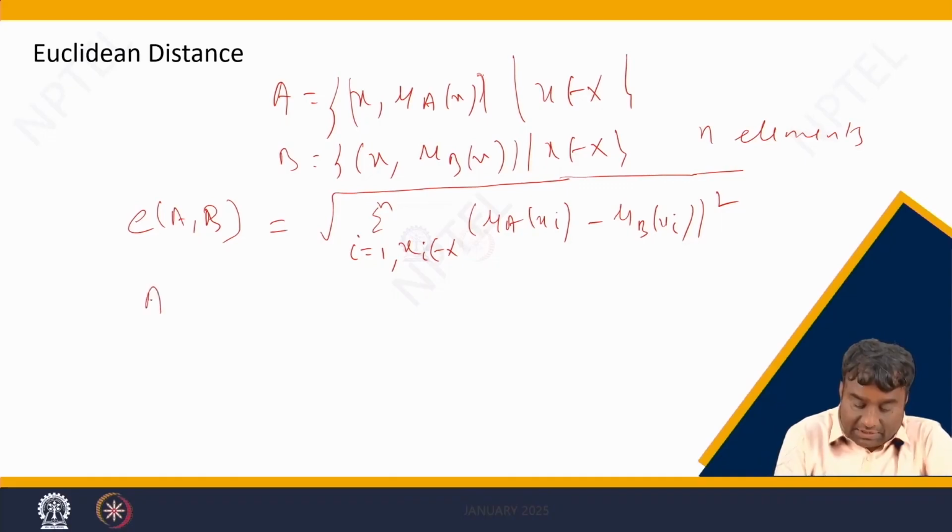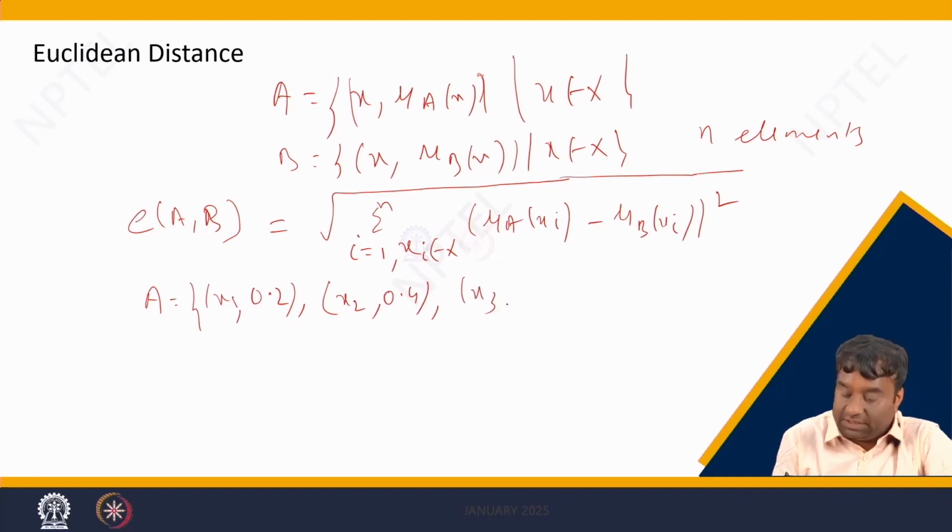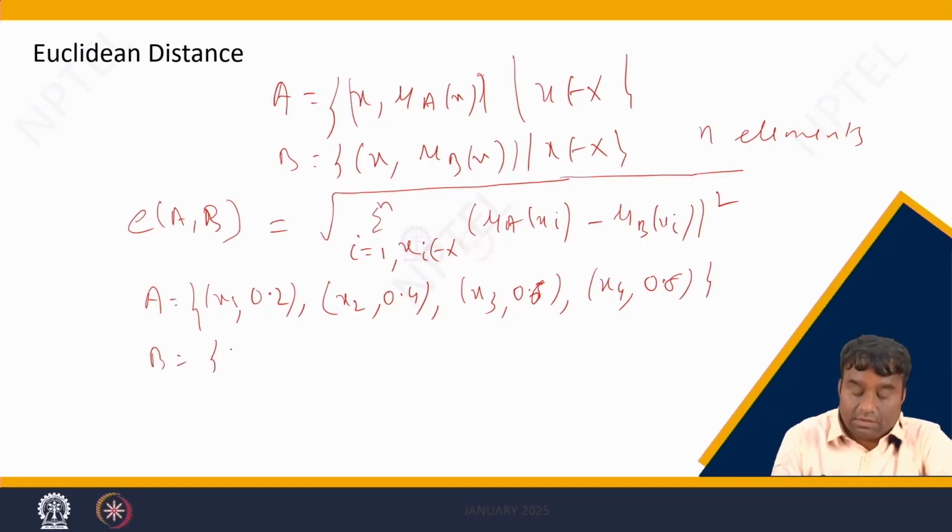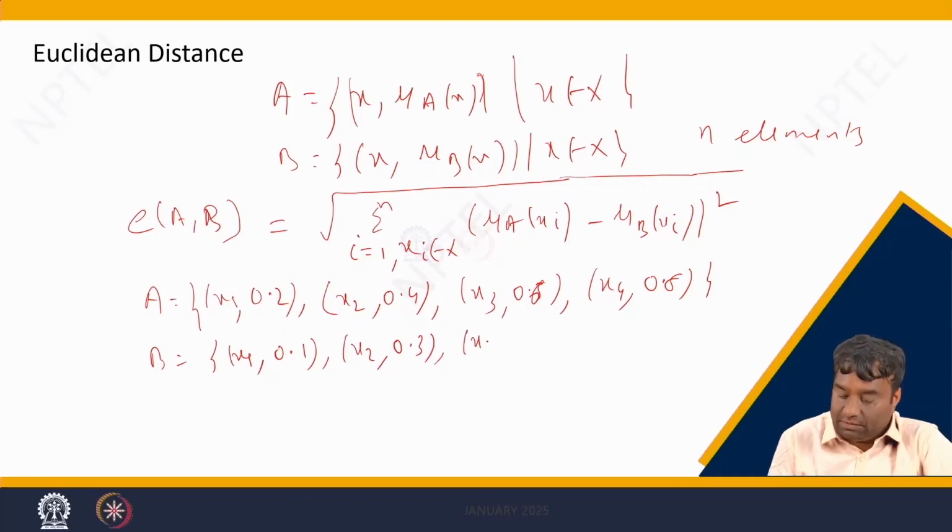So A equal to x1 0.2, x2 0.4, x3 0.6, x4 0.8, and B equal to x1 0.1, x2 0.3, x3 0.5, x4 0.7.